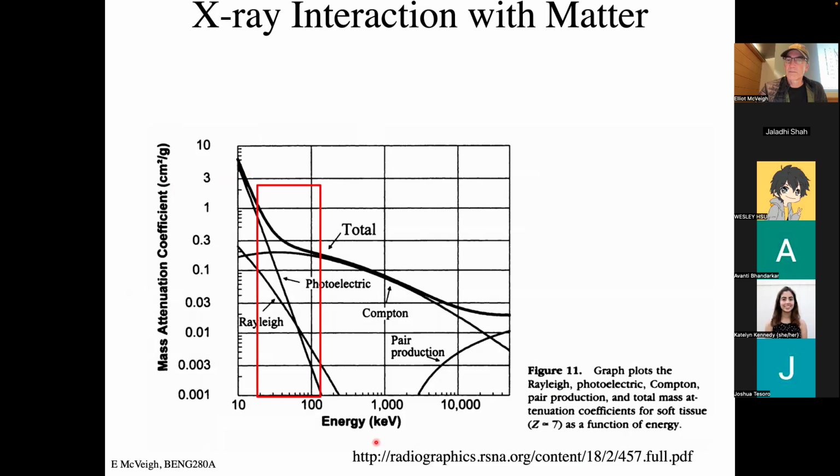But the area just before that also has a greater photoelectric effect. Yes. Because if you go down there, the problem with making images down there is that none of the photons get out of your sample.